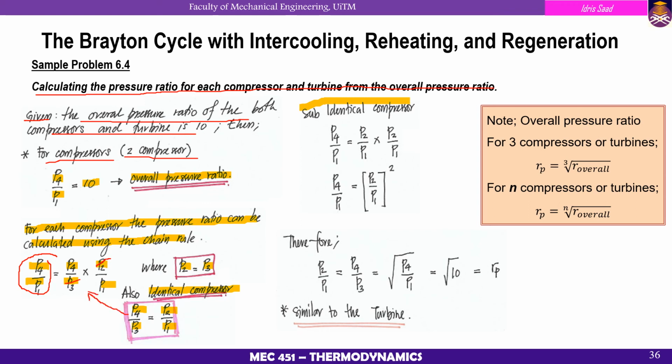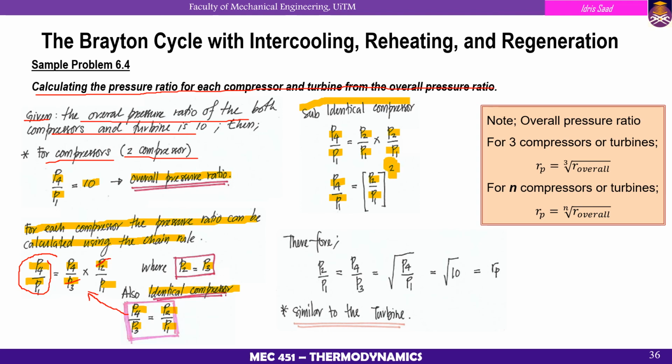What we have is P4 over P1 is equal to P2 over P1 multiplied also by P2 over P1. So P4 over P1 is equal to P2 over P1 to the power of 2.